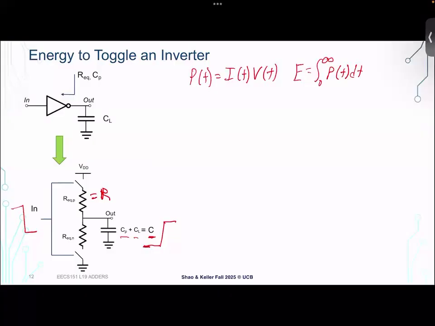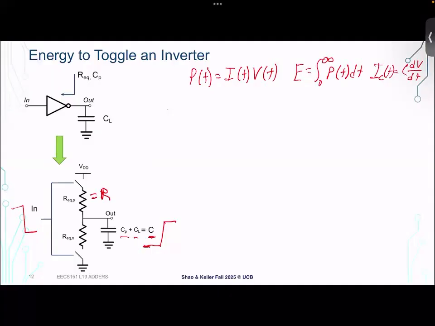And finally, we need to recall the transfer function of a capacitor, the voltage current relationship of a capacitor, which is that I is equal to C dV/dt. Hopefully this is bringing some bells from your prior coursework in physics or electrical engineering.